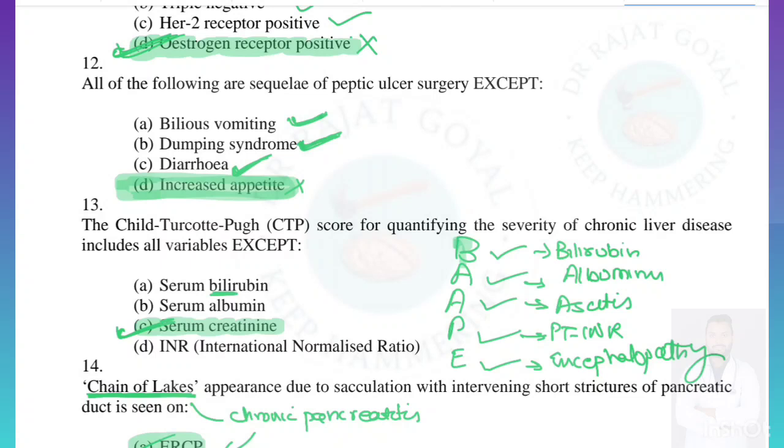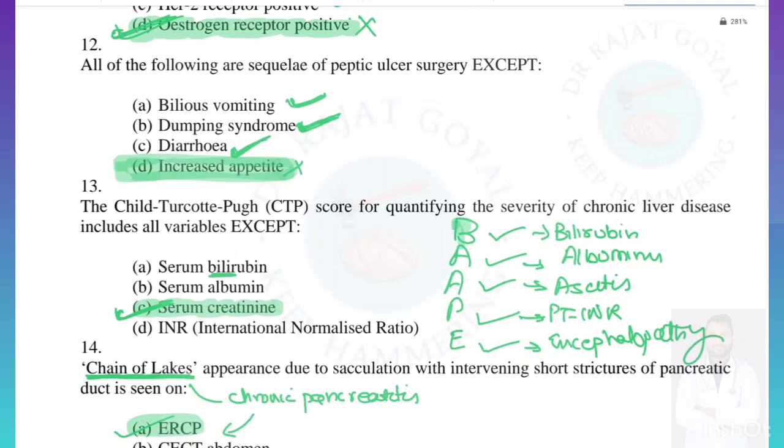Child Turcotte Pugh score for quantifying the severity of chronic liver disease includes all the following except. So for the Child Pugh score, we know that the trick is BAAPE, which includes the bilirubin, albumin, ascites, PT INR and encephalopathy. So bilirubin is included, albumin is included, and INR is included, but serum creatinine is not included in the Child Pugh score.